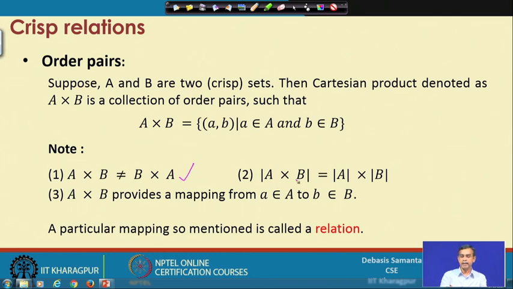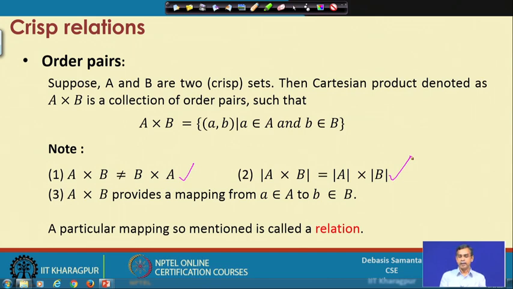And the number of elements in the product is the same as the product of the number of elements in the set A and the number of elements in the set B.